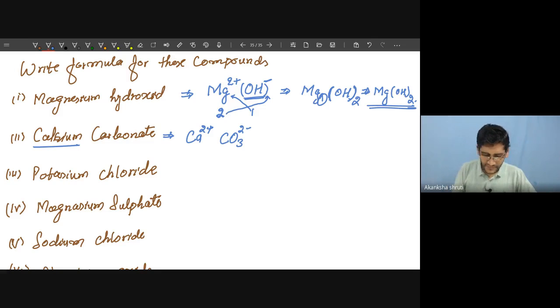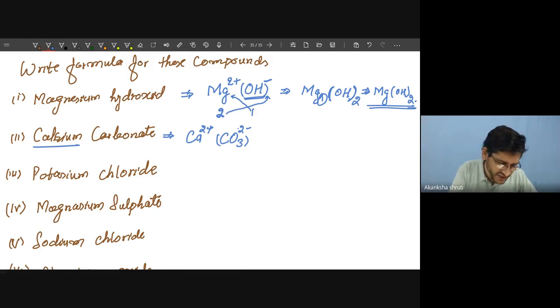You have to write this radical at their end. So you may write the 2 below it and 2 below it, then these 2 collectively after this bracket we have to put here. You may do like this, or you may leave it. You may directly write the cross multiplication like this.